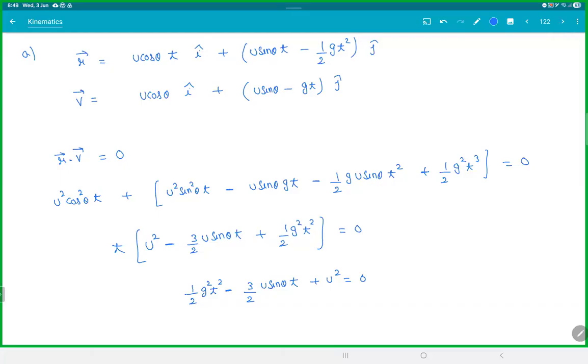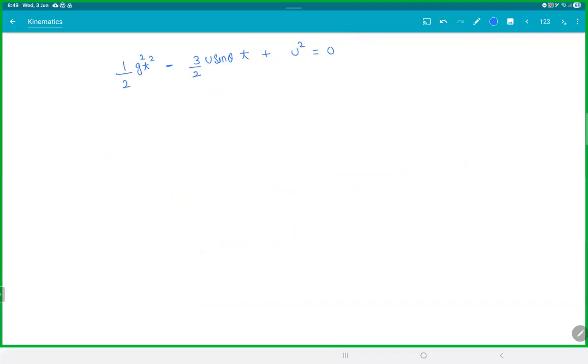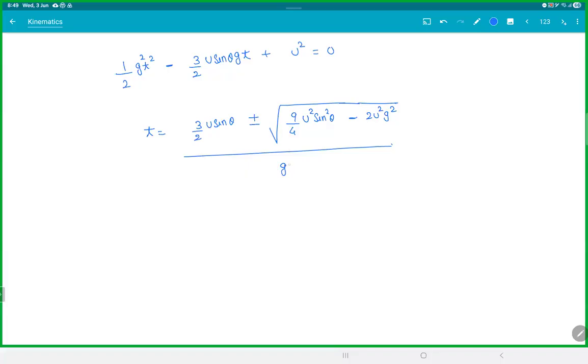There's a g also here. Great. So if you try to find the roots for this, 3 by 2 u sin theta plus minus root over... yeah, you get something like this.